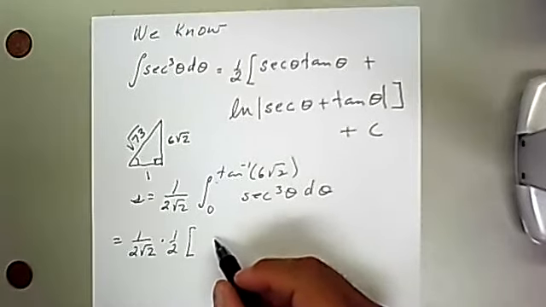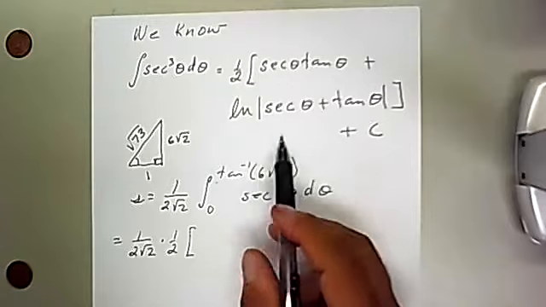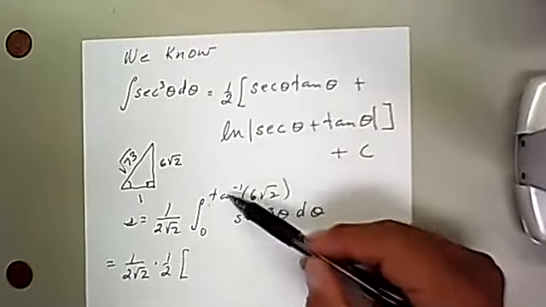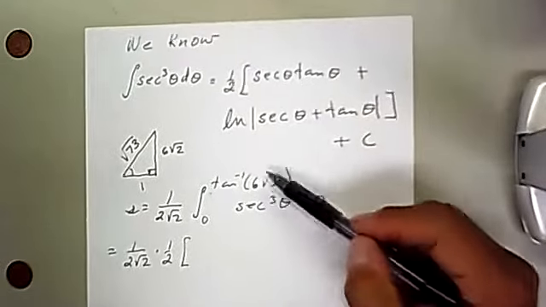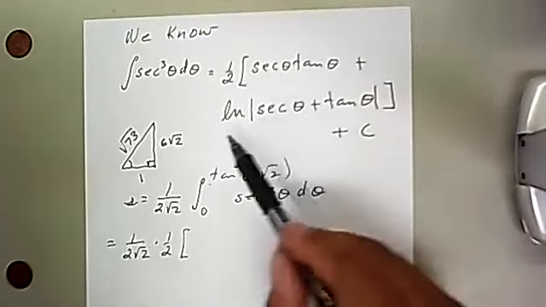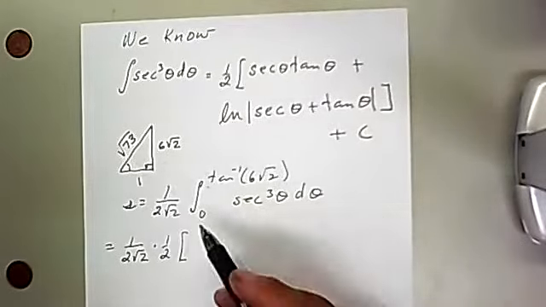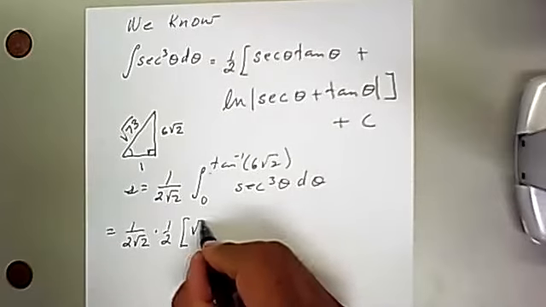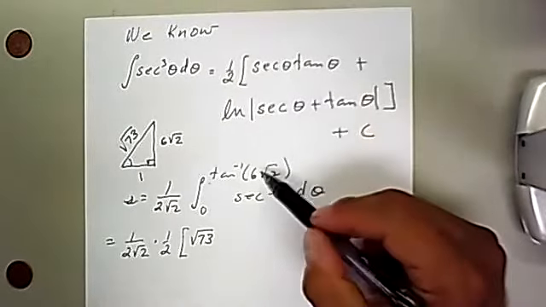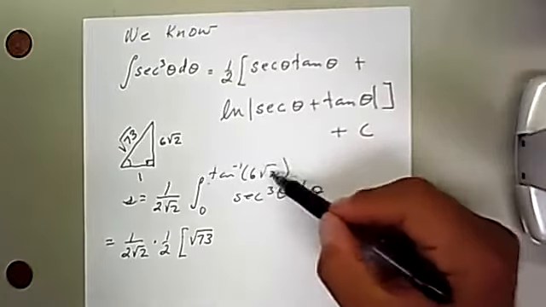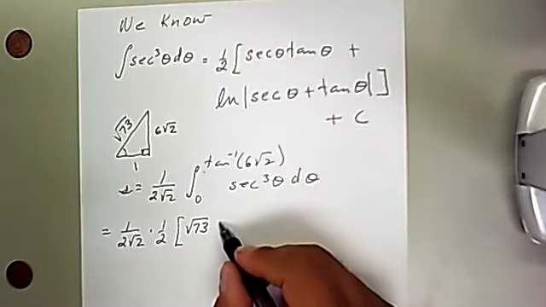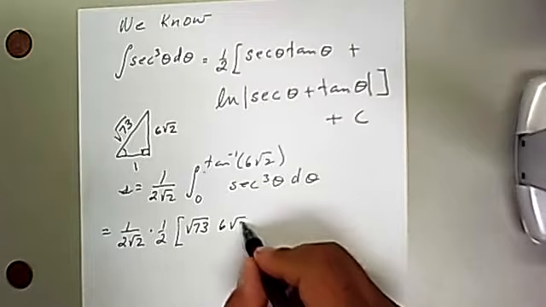You know what? I'm going to start plugging in these values. The formula calls for the secant of theta, which is this upper value when we are using the fundamental theorem of calculus. So the secant, as we know, is going to be the square root of 73. Tangent, well, the tangent of the arctangent of this, as long as the numbers are in the first quadrant, we have 6 times the square root of 2.